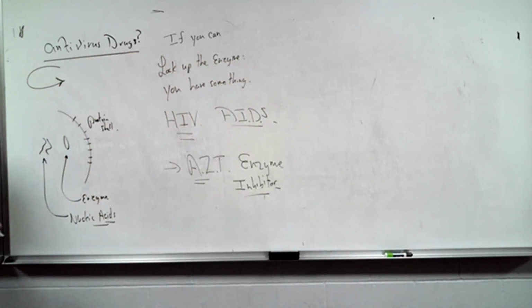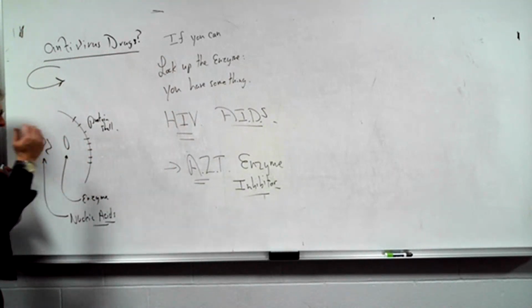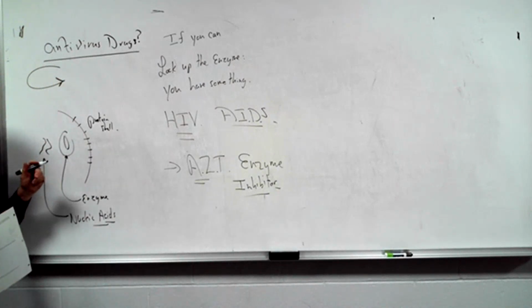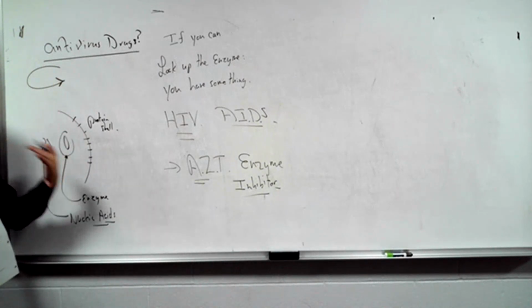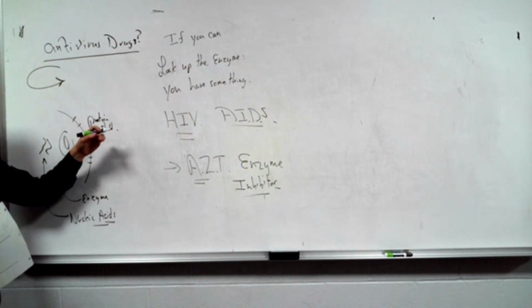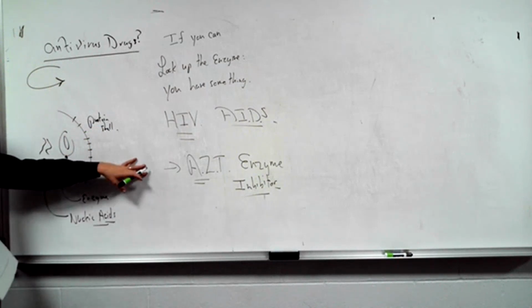What's happening? While the enzyme inhibitor is in the body, you haven't gotten rid of the HIV, but you've locked up the enzyme, and it can't do its little job, which makes the nucleic acid work inside of the host cell and makes the thing be able to reproduce. This doesn't take HIV out of your body.